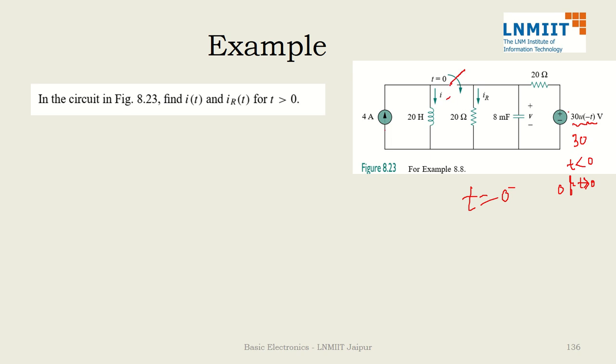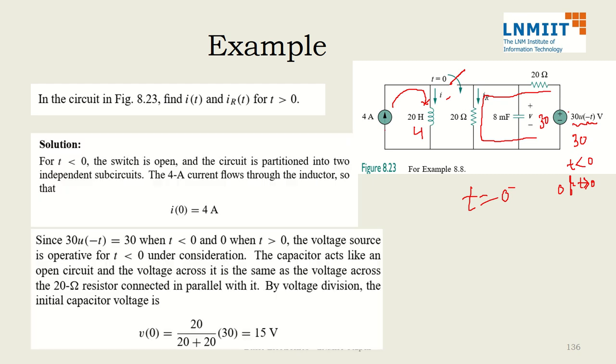If this is open, that means the inductor current is 4. Capacitor voltage is 30. Okay, not 30. There is 20 here. 30 is divided into those. So 30 by 2, 15. So 15 and 4. I got the initial values.